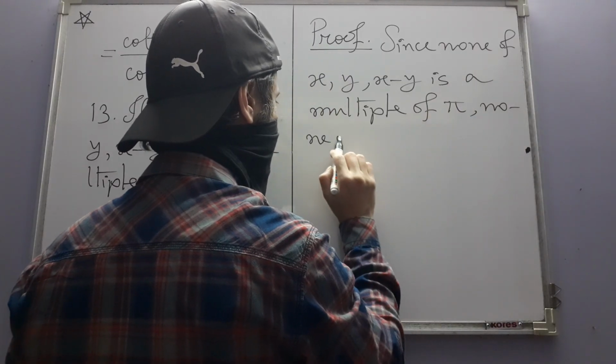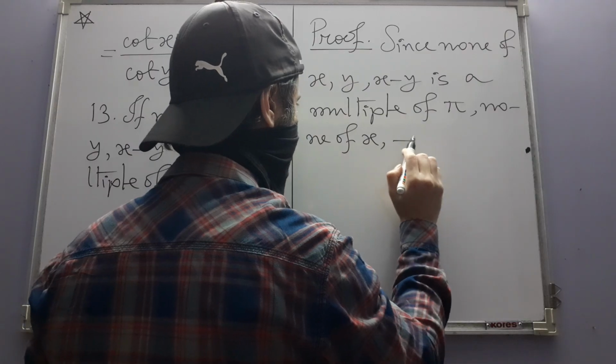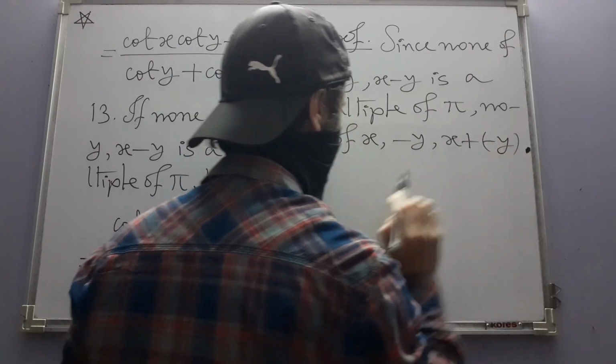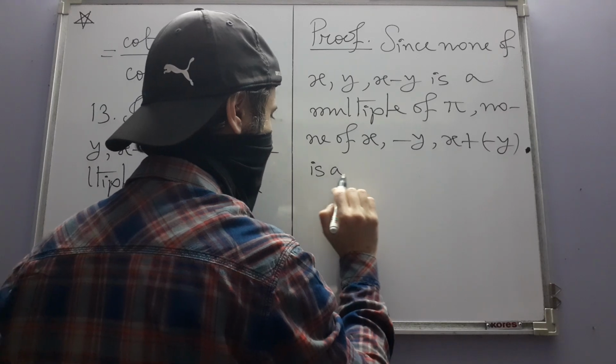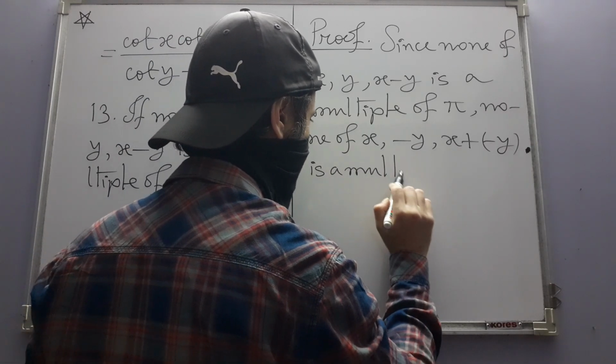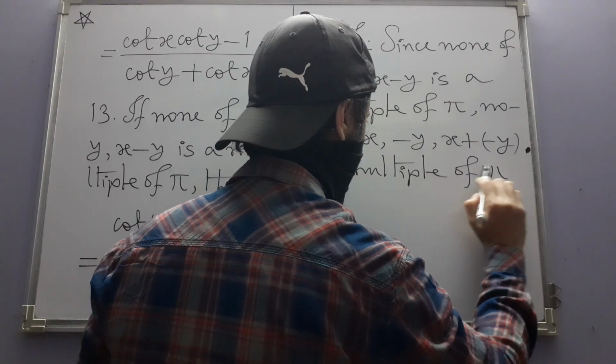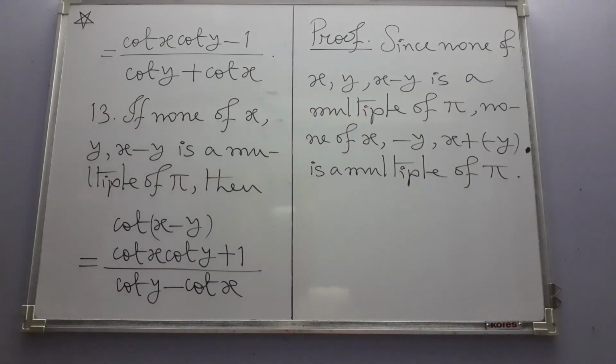so none of x minus y and x plus minus y is a multiple of pi as well.